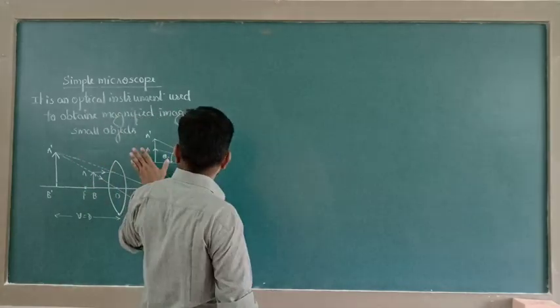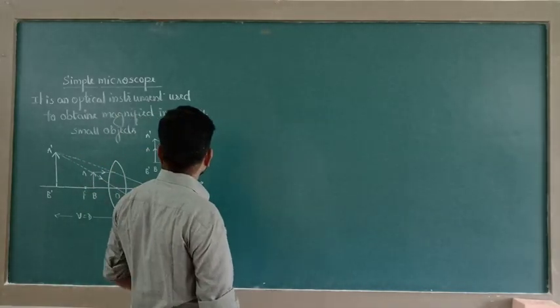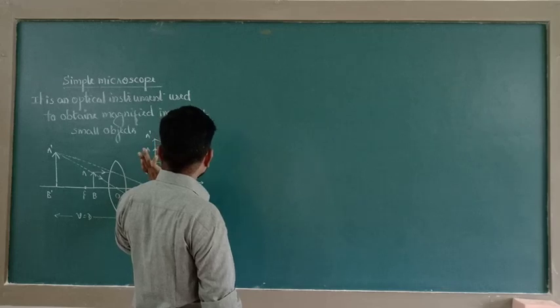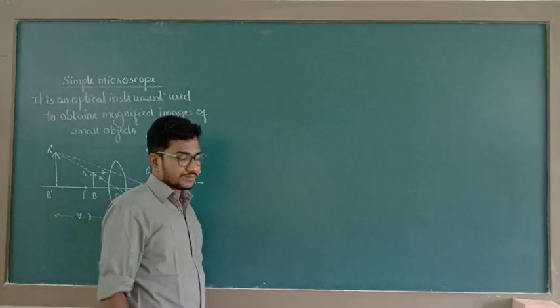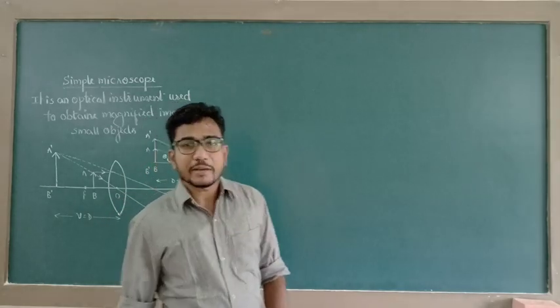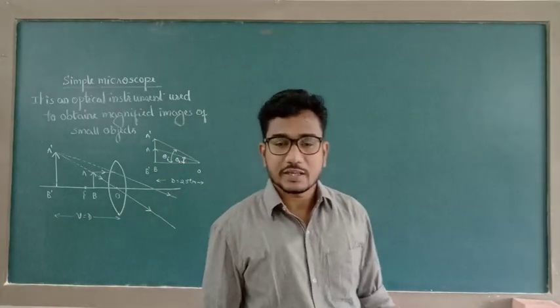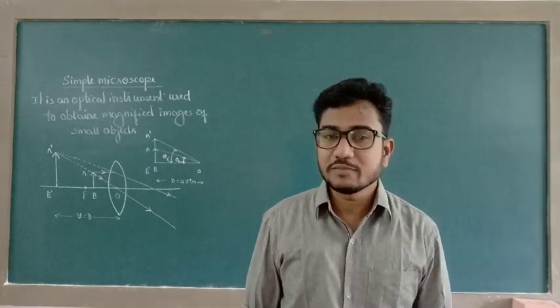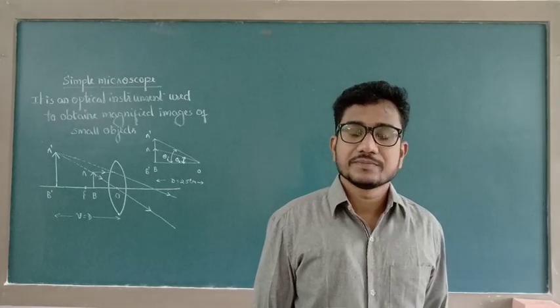Now I am going to define the angle made by the image and the angle made by the object. We know that linear magnification is the ratio of the size of the image to the size of the object.